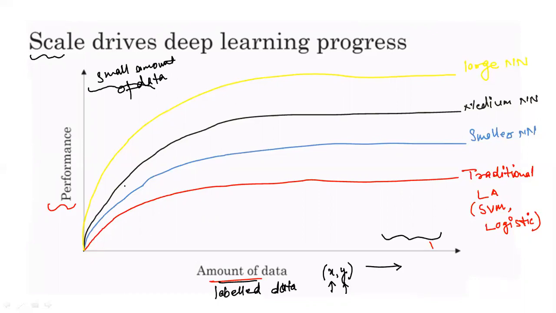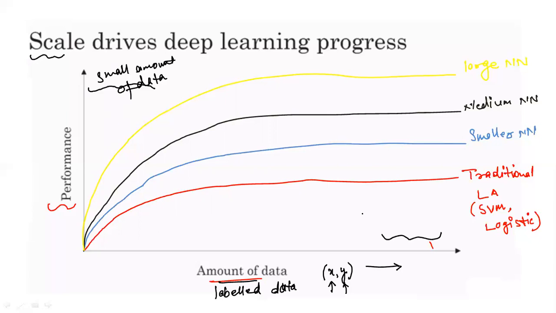But this is only the case when we have a very small amount of data. When we have a small amount of data, the performance of the algorithm depends much more on the skill of the person, that is, whether the person is efficient in applying traditional learning algorithms or neural networks.